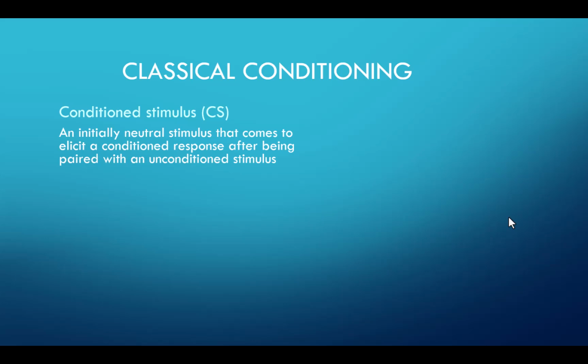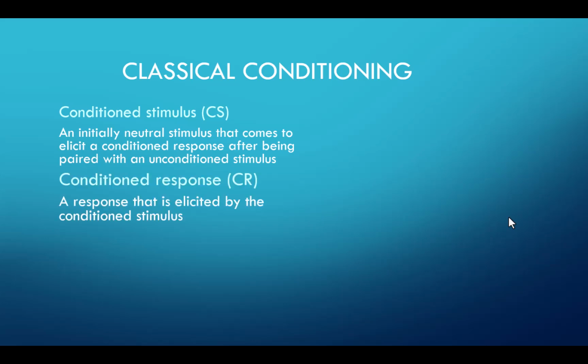It came to elicit the conditioned response, salivation, because the bowl was paired with the dog food and salivation resulted. The conditioned response is a response or a behavior that's elicited by the conditioned stimulus. The conditioned response occurs after the conditioned stimulus has been associated with the unconditioned stimulus.